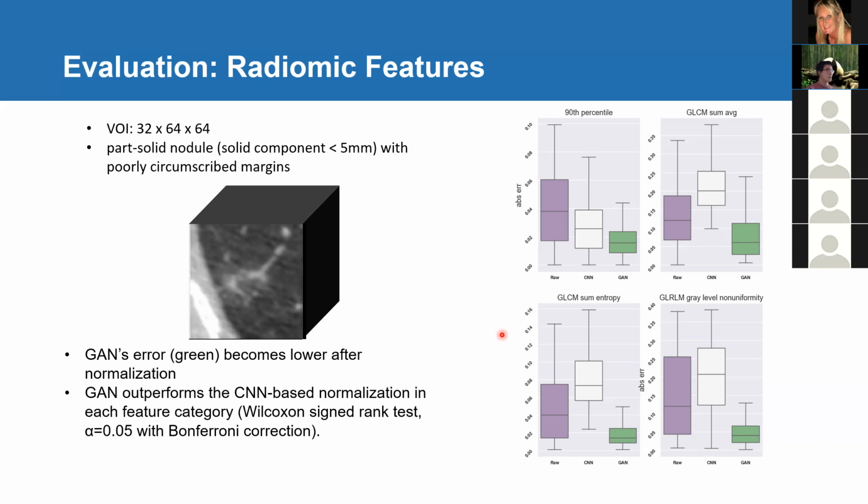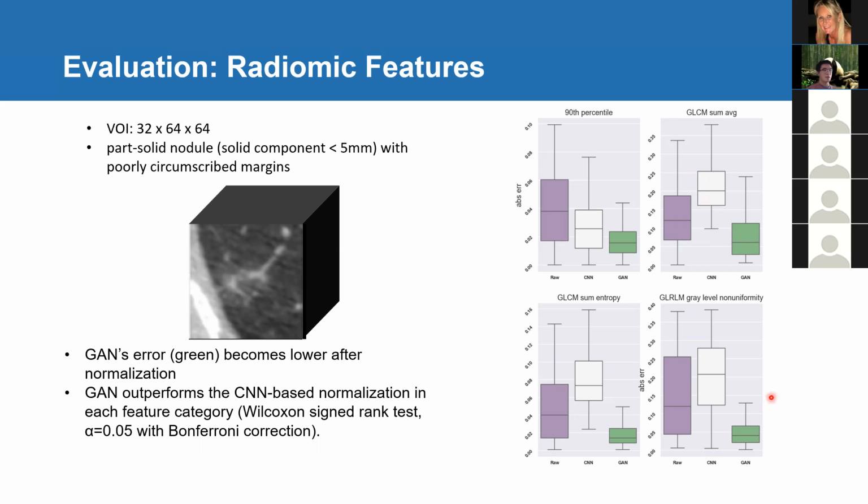For this particular nodule in this example, the error from the GAN, which is in this green box plot, becomes significantly lower after the normalization. An interesting finding is that CNN, which is in this white color, even makes the error larger for some, like for the GLCM cases.